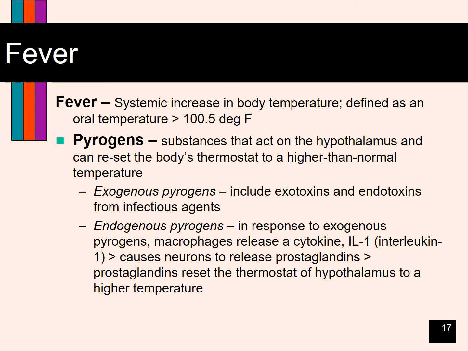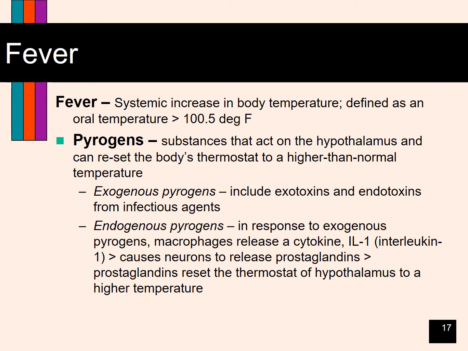So in response to those types of things, your macrophages would actually release cytokines, which would cause the neurons in your brain to release prostaglandins, and then the prostaglandins would reset your body's temperature.